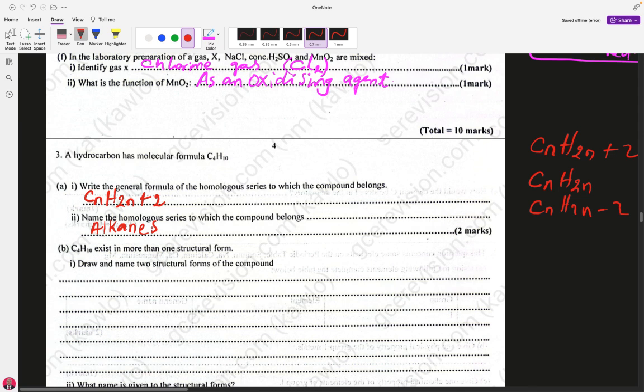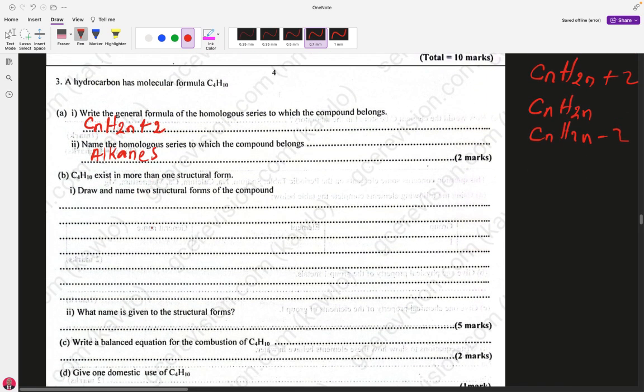Now let's move further to see part B. C4H10 exists in more than one structural form. Remember, I told you last time, you should be able to differentiate between isotopes, isomers, and allotropes. Iso means the same. Isomers have the same molecular formula but different structures.